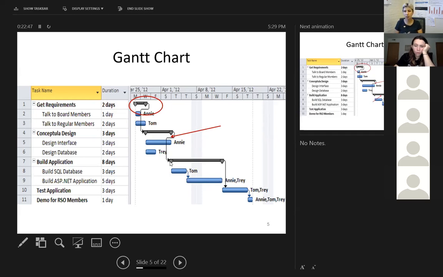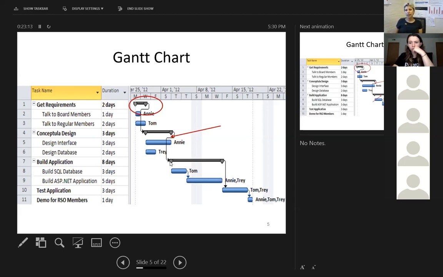So finish to start dependency is the most common form of dependency, and it's the default form. So if on your Microsoft Project task worksheet you don't say the type of dependency, the default is finish to start. But you can define other forms of dependencies that we're going to talk about in a few minutes.